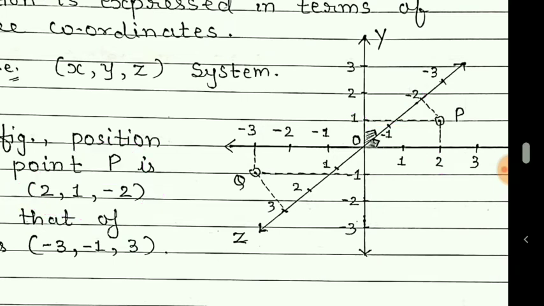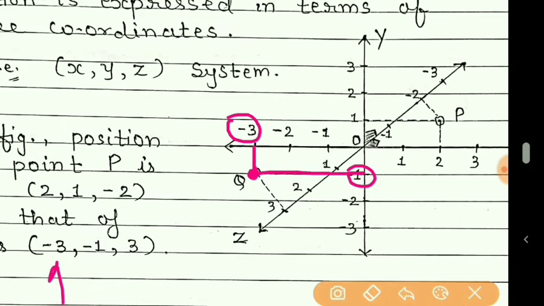Similarly, position of point Q. Students, remember from that point we have to draw the perpendicular to the axis. See, from this point if I draw a perpendicular line to the x-axis, I'll get the x coordinate, which is -3 here. If I draw a perpendicular from point Q towards the y-axis, then that will give me its y coordinate.